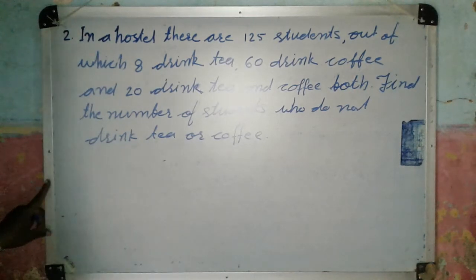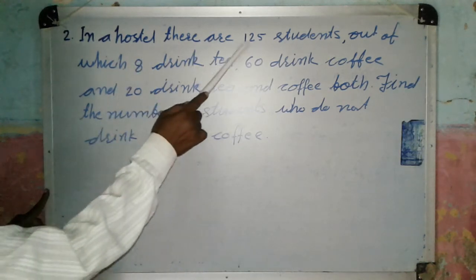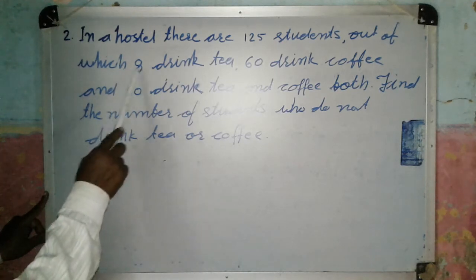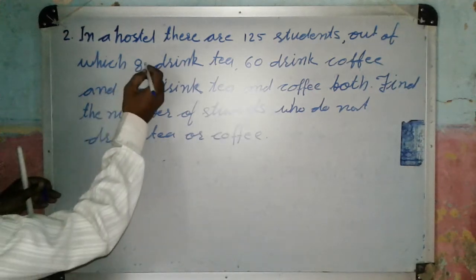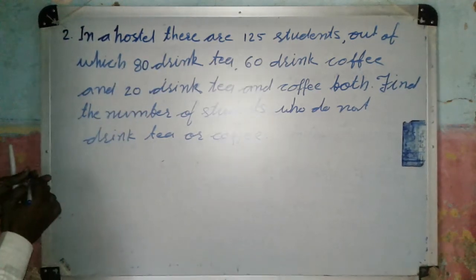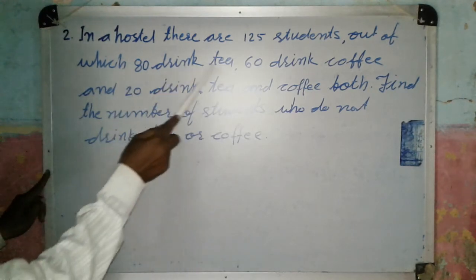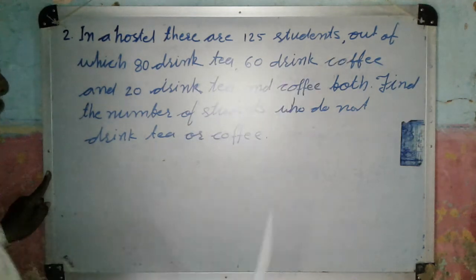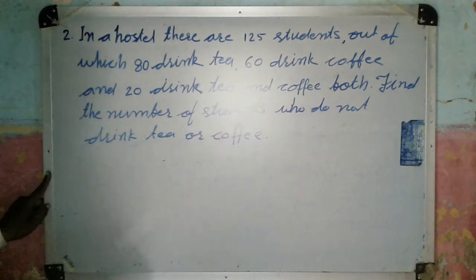Now second word example. In a hostel there are 125 students. Out of 125 students, 80 students drink tea, 60 students drink coffee, and 20 drink tea and coffee both.